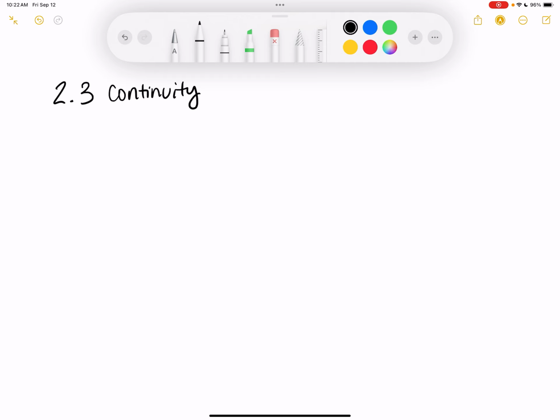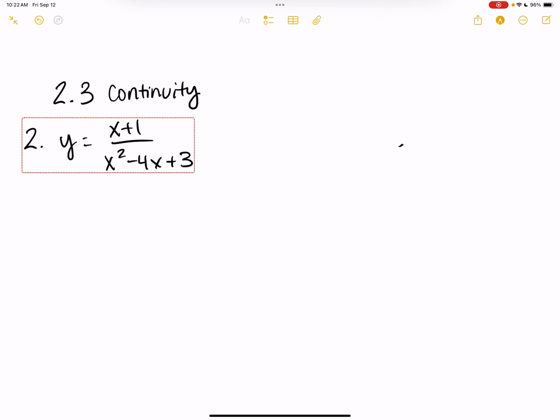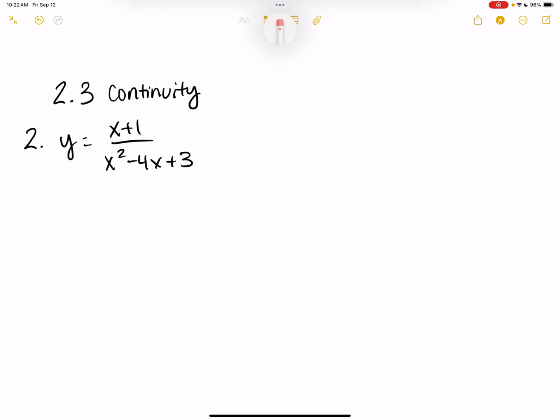Number 2, y equals x plus 1 over x squared minus 4x plus 3. To determine if they have a discontinuity and the type, with one like this, we set the denominator equal to 0 and solve.